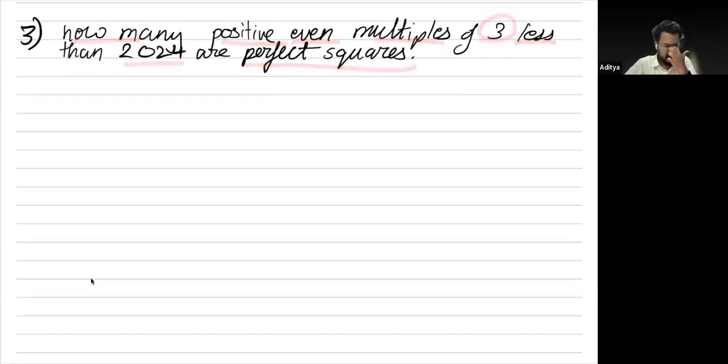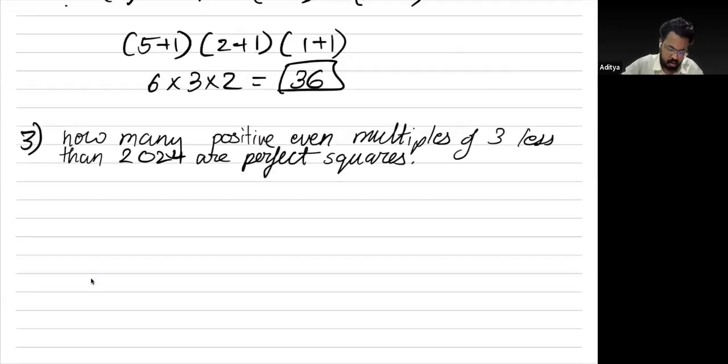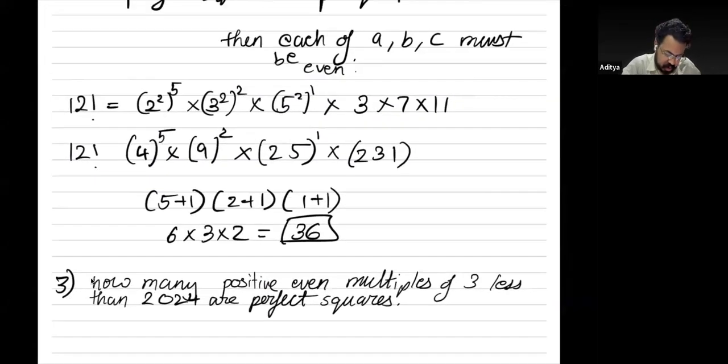This is not as much a counting problem as it is reducing the problem down to a very simple problem, and then it comes solved. The condition is that you want to find even multiples of 3 that are perfect squares and also less than 2024. Okay, everyone keep working on this.